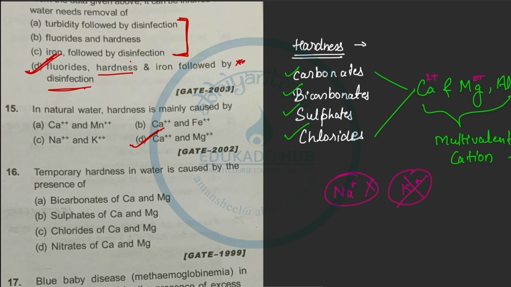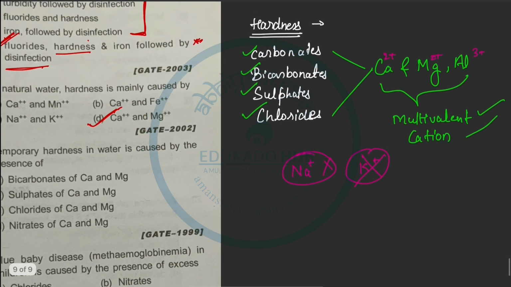Next is temporary hardness in water is caused by the presence of, say, now just now we studied about hardness, right? Now temporary hardness. So the temporary hardness is caused by the presence of bicarbonates. This bicarbonate only will create the temporary hardness.